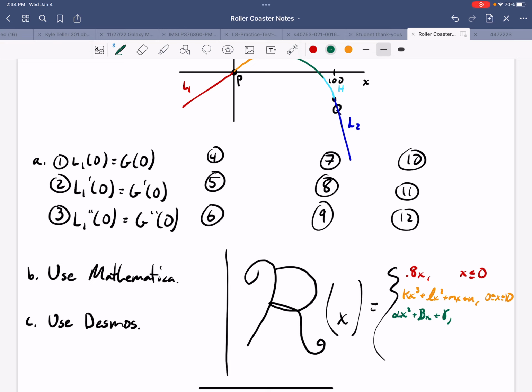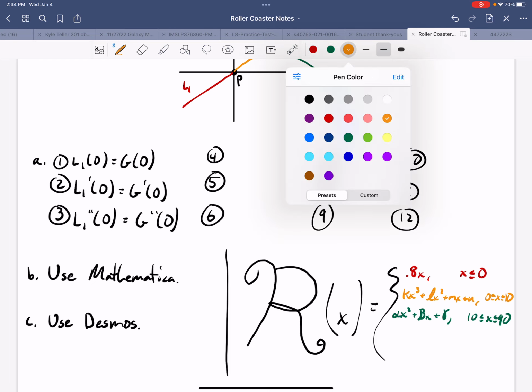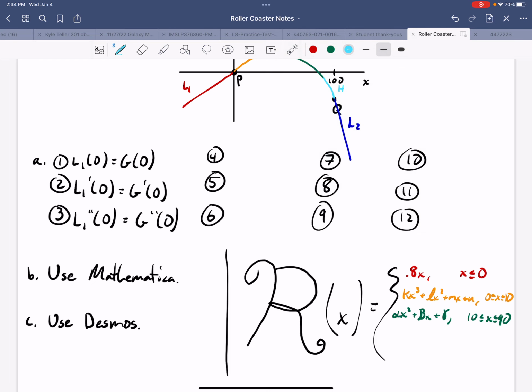Here, x is between 10 and 90. Here we're going to have h of x, which is px cubed plus qx squared plus rx plus s, and that's for x between 90 and 100.